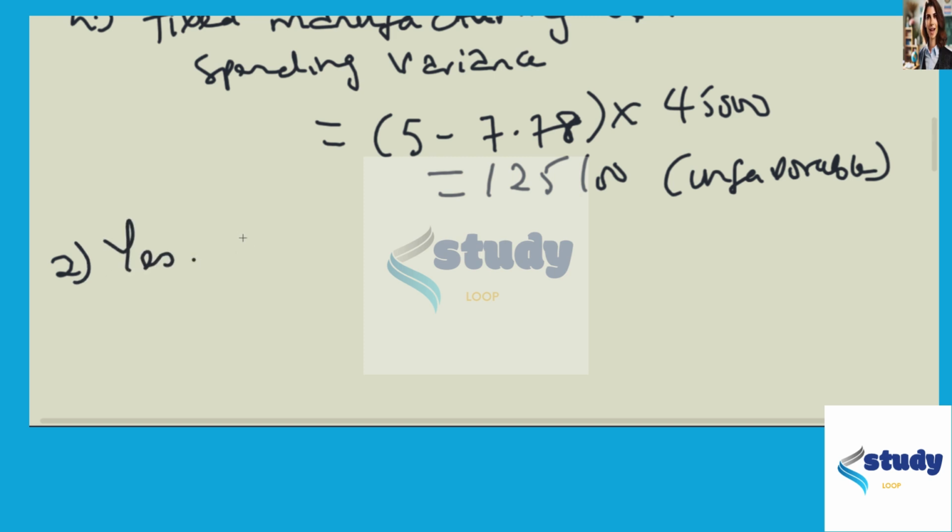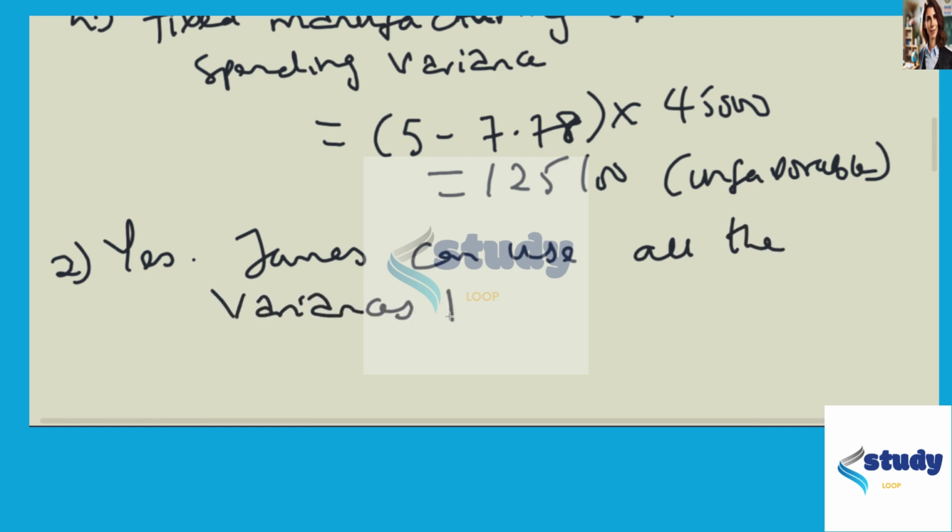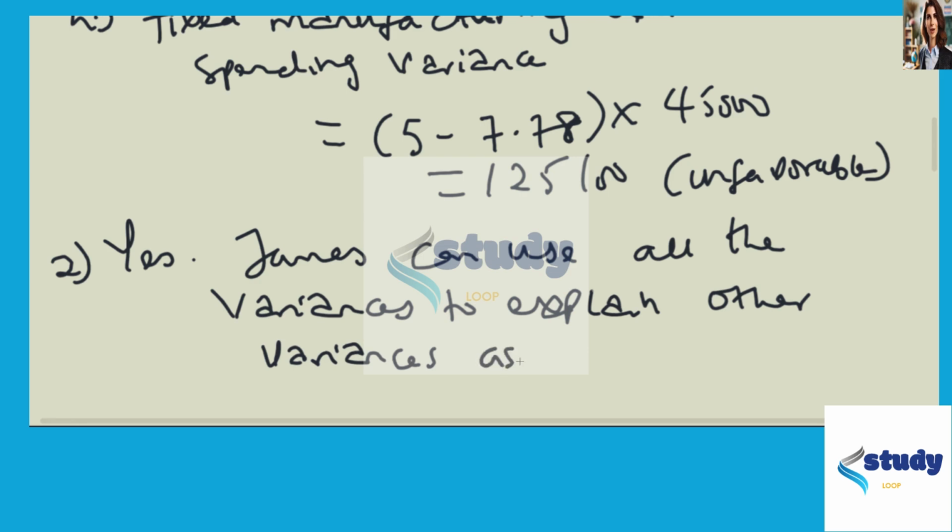James can use all the variances to explain other variances as well. That's the answer.